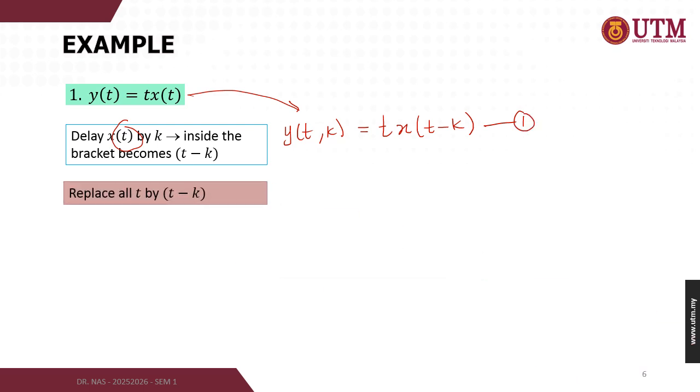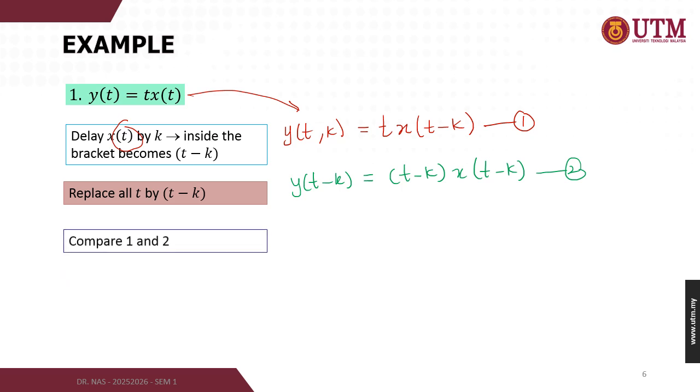Next, replace all t inside and outside the bracket by t minus k. So y(t minus k) equals (t minus k) x(t minus k). So this is the second equation.